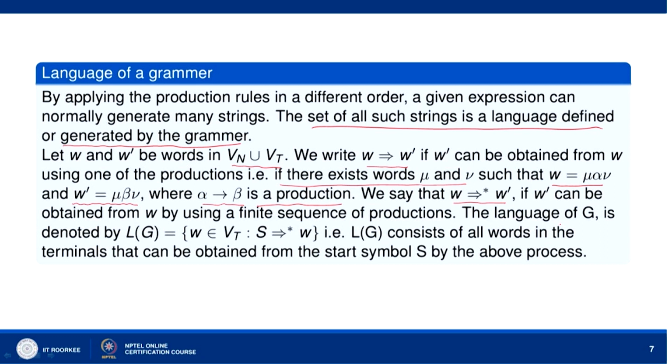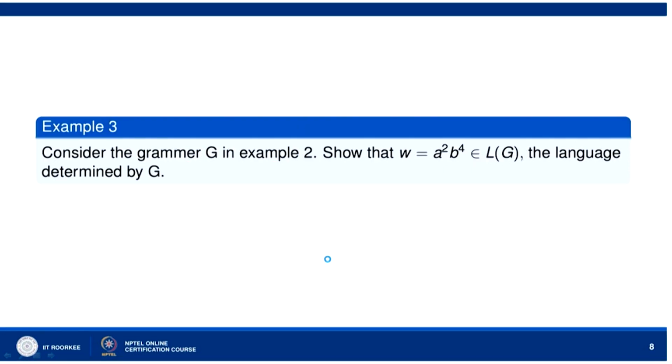The language of G is denoted by L(G), and it is the set of all W belonging to Bt, as you recall, Bt is the set of terminal symbols, such that S goes to star W. S is the start symbol. That is, L(G) consists of all words in the terminals that can be obtained from the start symbol S by the above process. Now, let us see the following example.